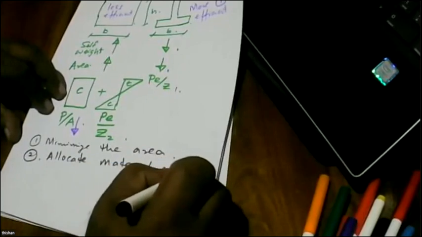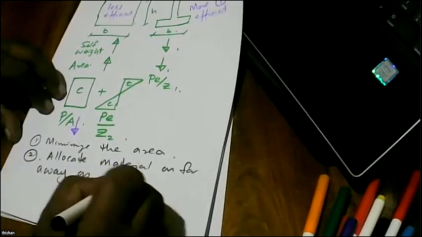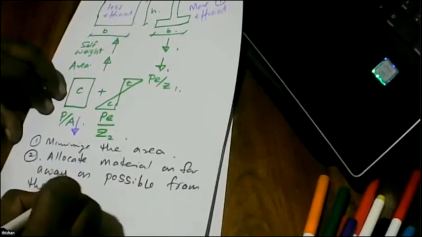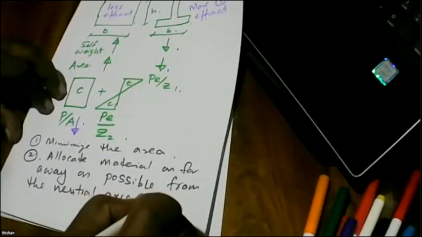So if we look at prestressed concrete, what are the rules? Number 1, minimize the area. Number 2, allocate material as far away as possible from the neutral axis, or we call it centroid.